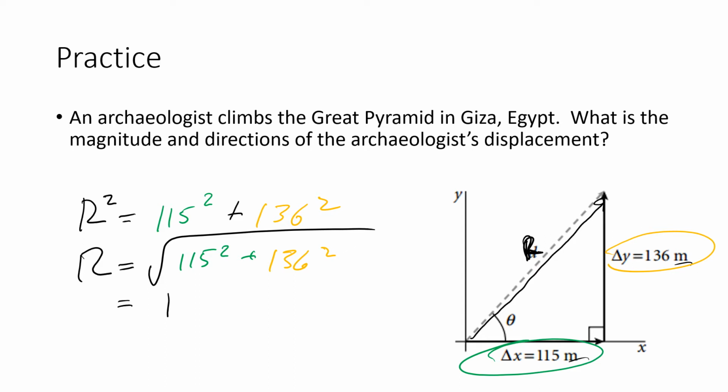So we end up with 178.1039, so it should be 178 meters. That's the r, the resultant vector. Now I have to find the direction. Direction uses inverse tangent, and remember, it's my opposite over my adjacent.